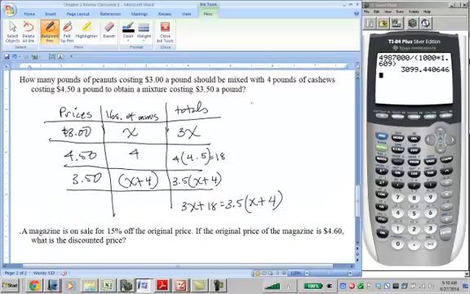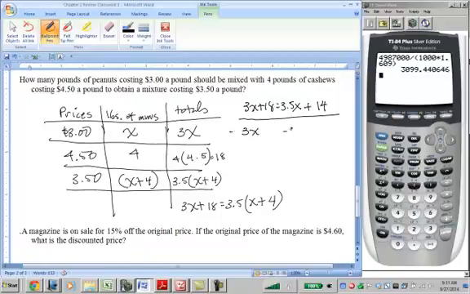So we're going to have, let's move up here, so we'll have 3X plus 18 equals 3.5X plus 3.5 times 4. 3 times 4 is 12, plus 2 is 14. So we can do this in one operation. I guess we can subtract 3X from both sides.